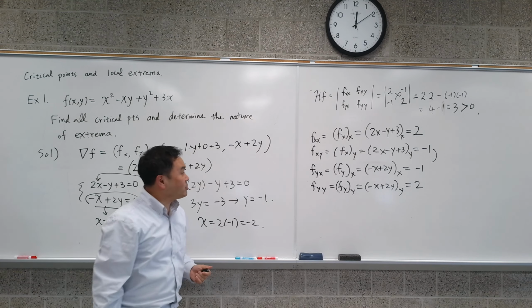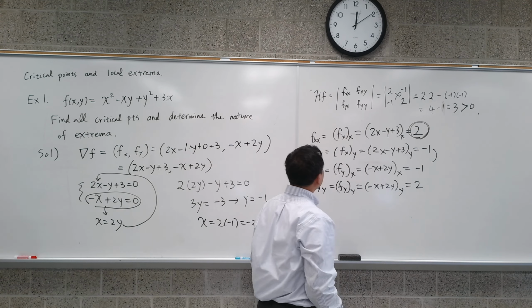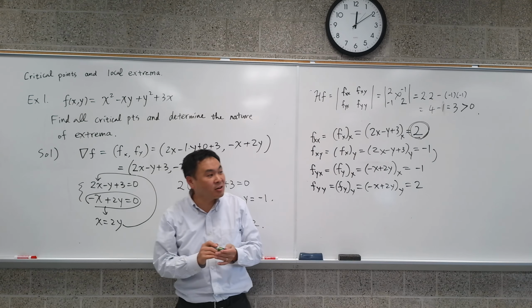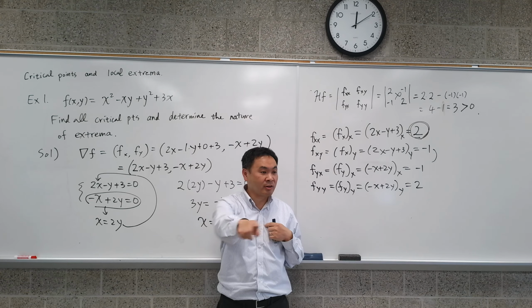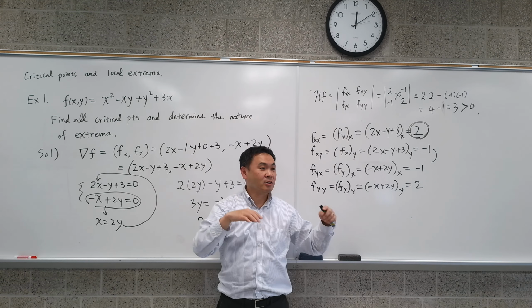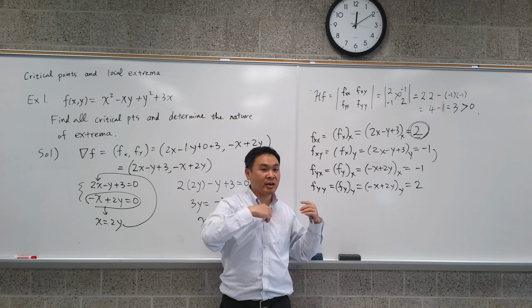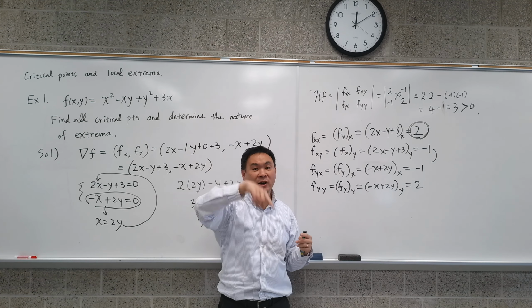All right, so what do we see? We see that fxx is positive, right? And then the Hessian is positive. Again, the intuitive meaning of the Hessian being positive is this: if this is x and that's y and that's z, the function, if you do a second derivative in the x direction, it's positive, right? Which means it's a smiley face there.